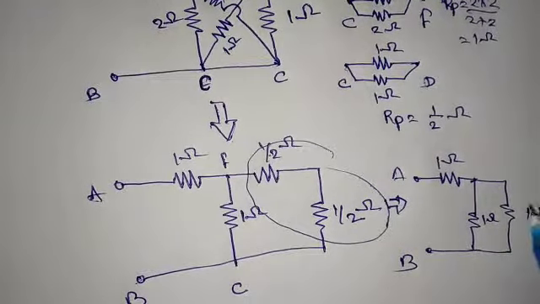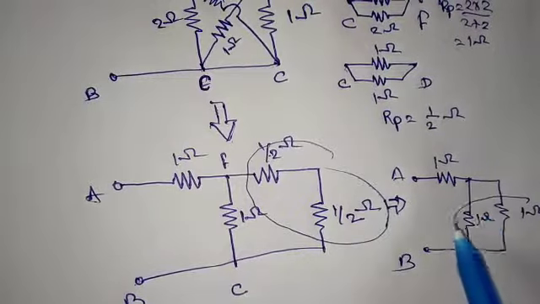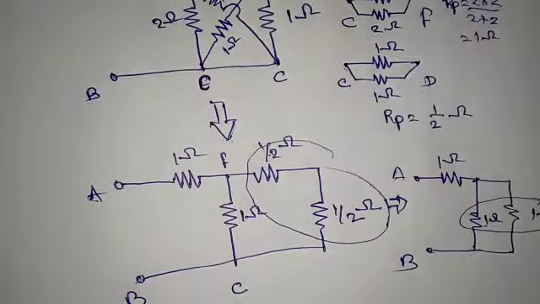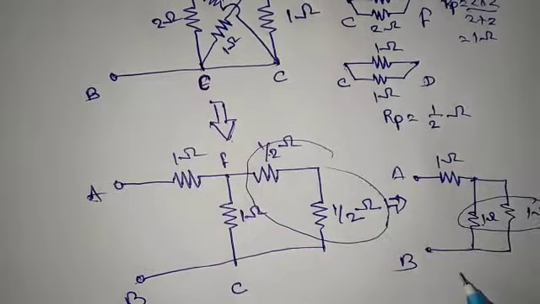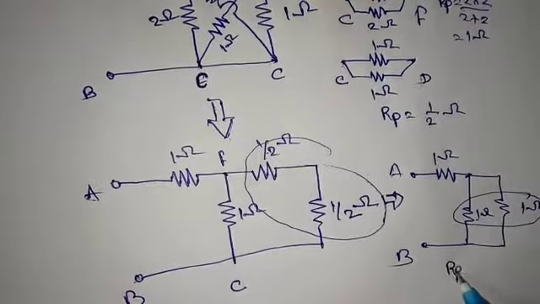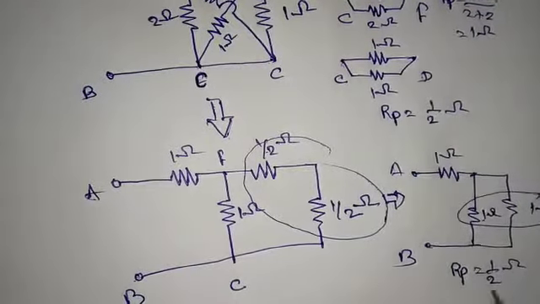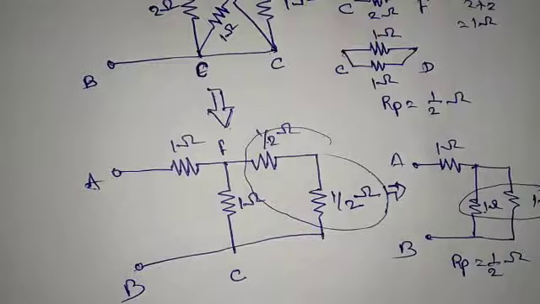Again we solve 1 plus 1. These two resistances are in parallel to each other, means Rp will be equal to 1 by 2 ohms.